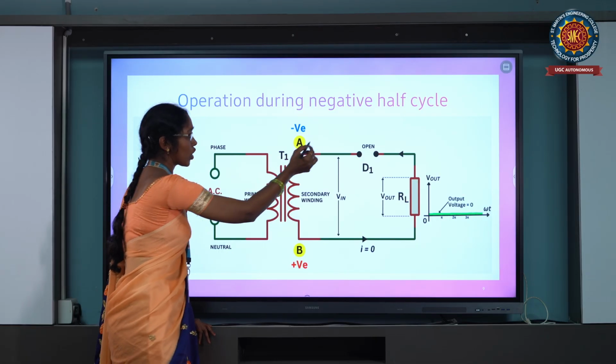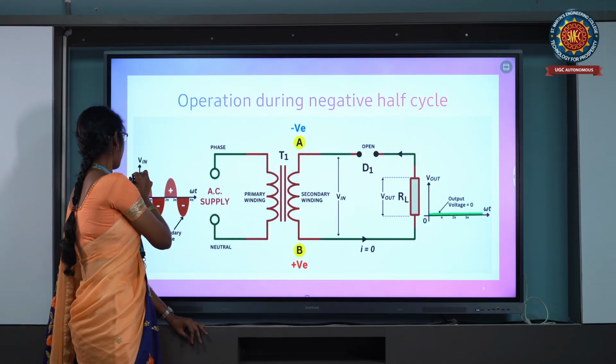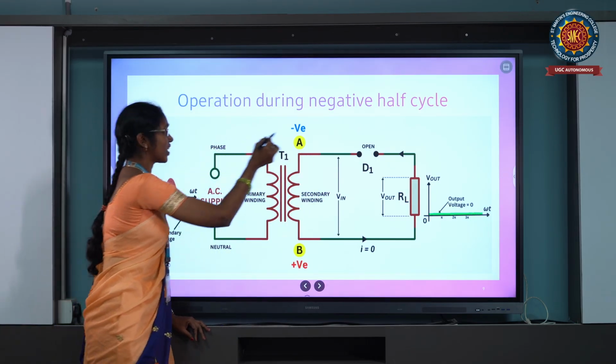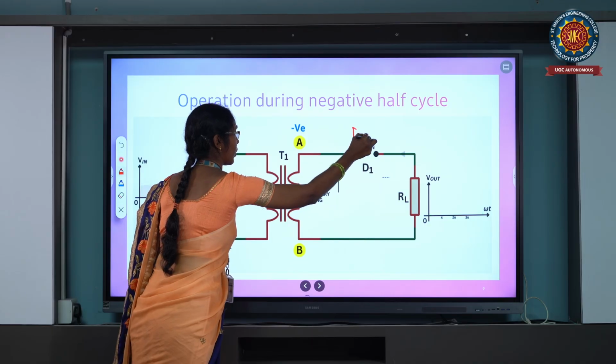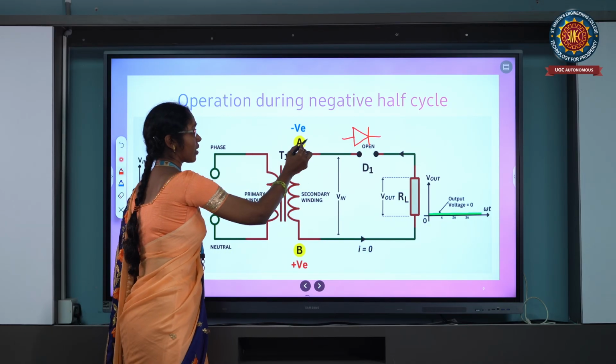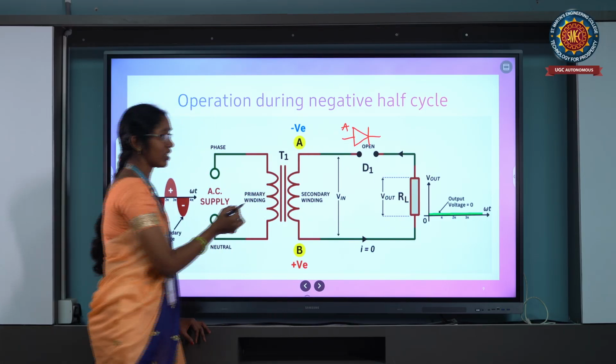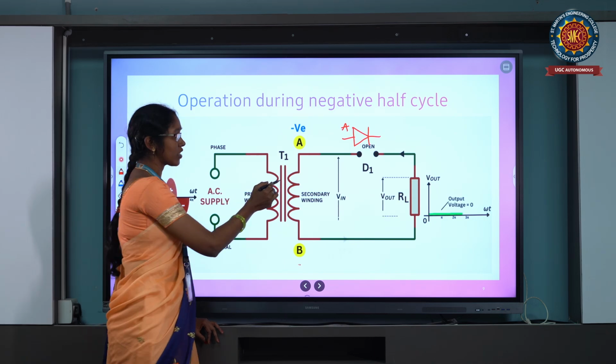Due to negative voltage connected to the anode terminal of the diode, the diode is in reverse bias condition. The diode acts as an open circuit.